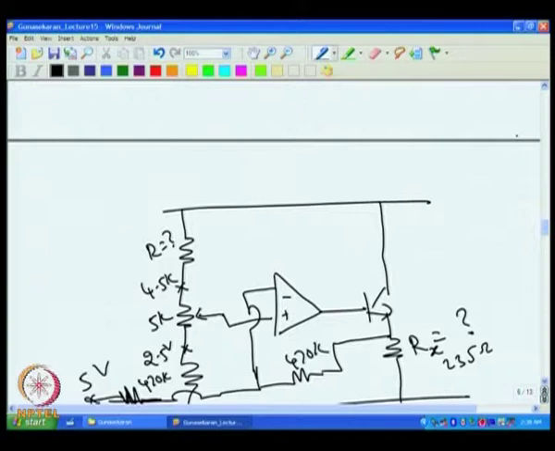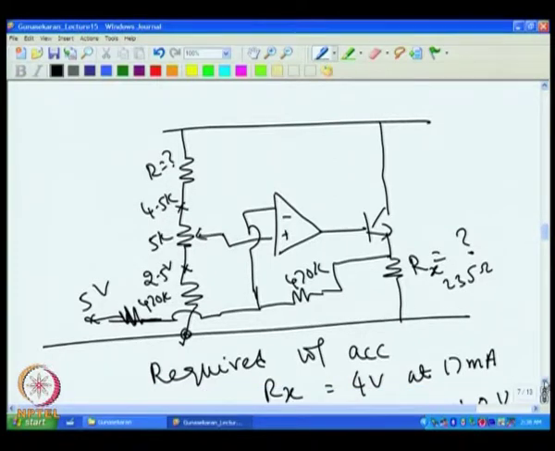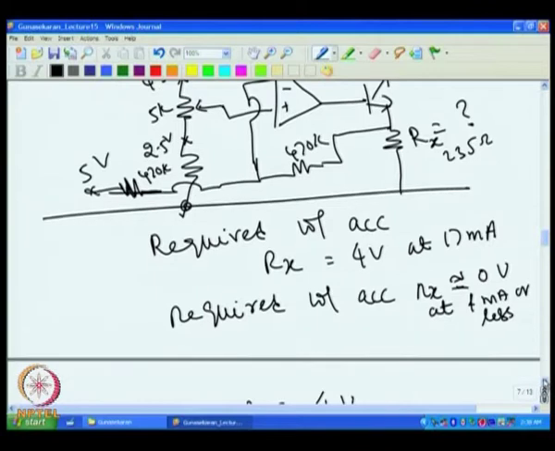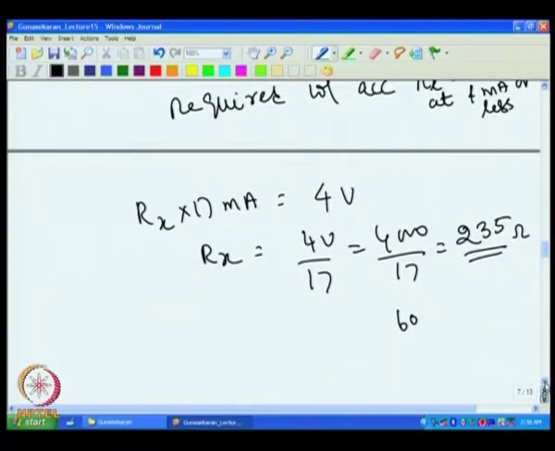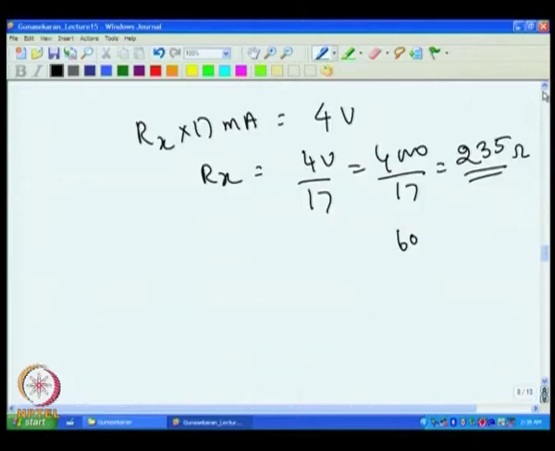We have taken 5K. I will calculate the values. This is 235 ohms. Actually, we have not calculated those values.